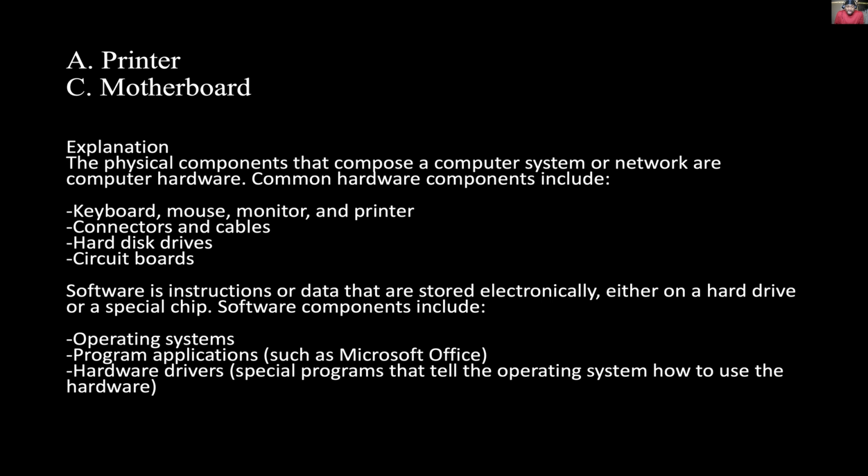Software is instructions or data that are stored electronically, either on a hard drive or a special chip. Software components include operating system, program applications such as Microsoft Office, hardware drivers, special programs that tell the operating system how to use the hardware. So let's go to the next question.